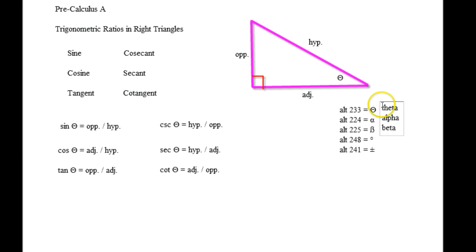This next one is beta, and that's uppercase right there. This is the degree sign. And this is the plus or minus sign. Okay? Alright, so as long as you keep these ones in check, you should always be able to type into your answers these type of work, okay?